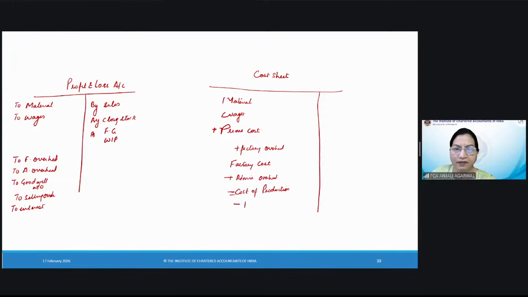You will subtract the finished goods from here. This will give you cost of production of goods sold.